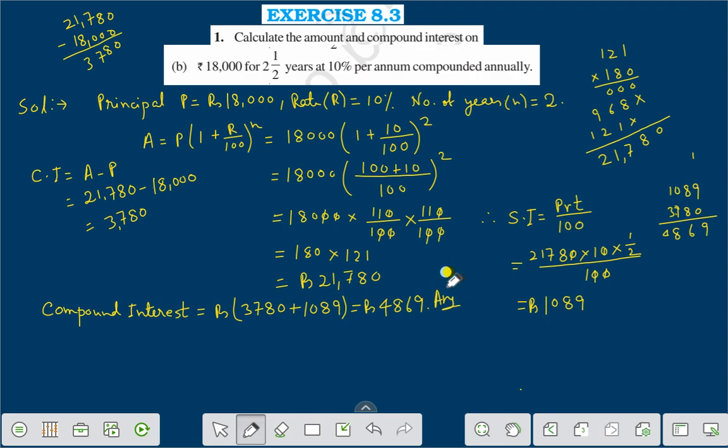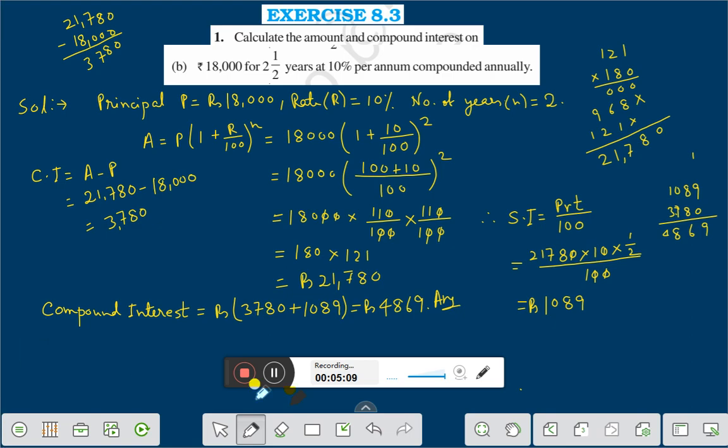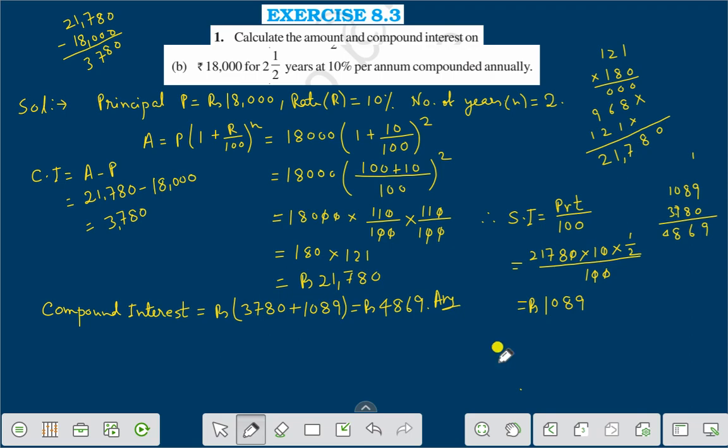That is, we got total compound interest as 4869.